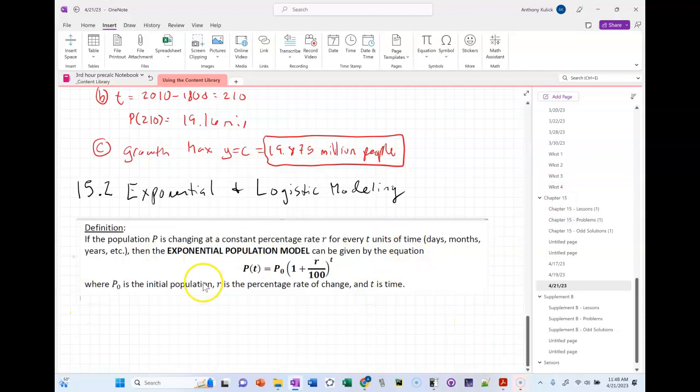Notice that this is still just an exponential equation in the form A times B to the X, right? Where the A is the P naught and 1 plus R over 100 is the B. Can we all see that?